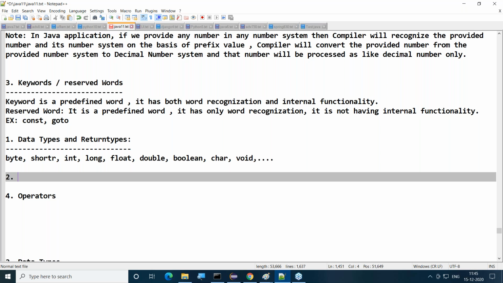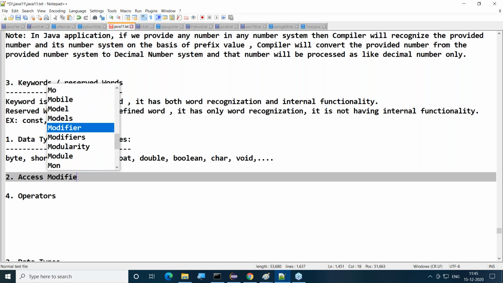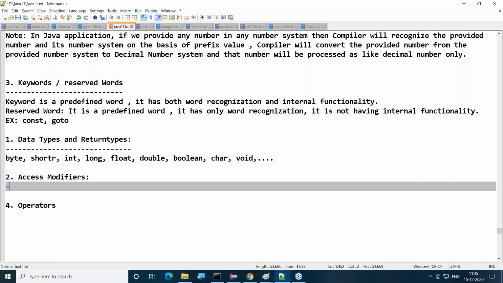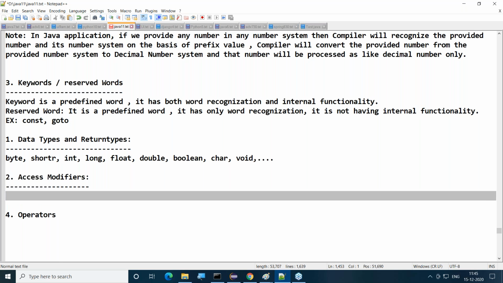Next, the second one is access modifiers. What are the various access modifiers we are having here?